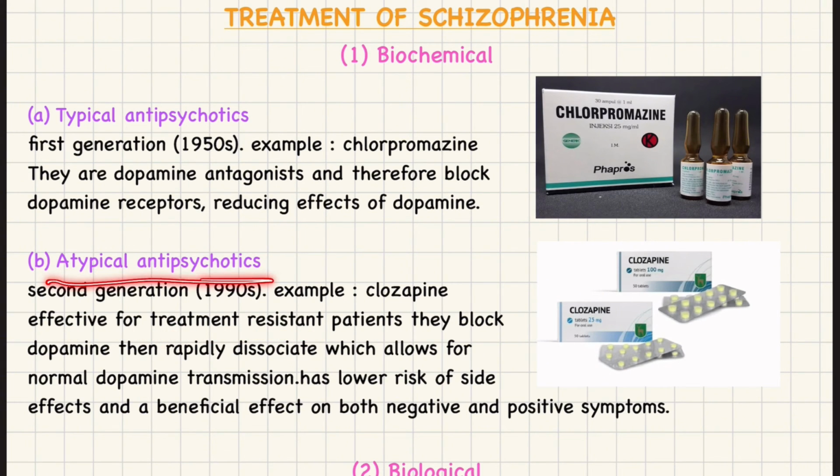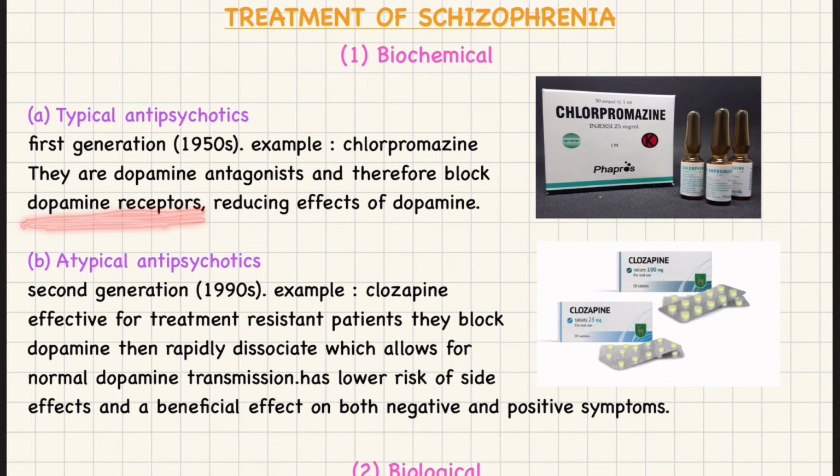Why do atypical antipsychotics have less risk than typical antipsychotics? This is because they block dopamine and then they rapidly dissociate, which allows for normal dopamine transmission. In typical antipsychotics, the dopamine receptors are blocked. There's no dissociation after.